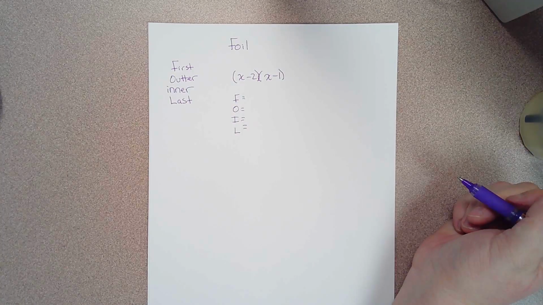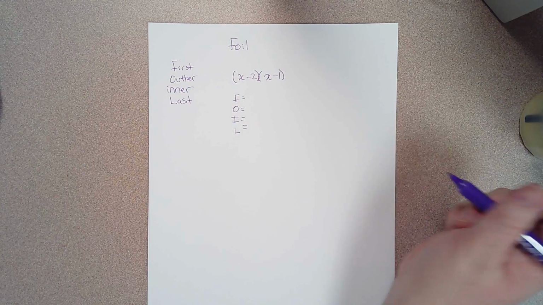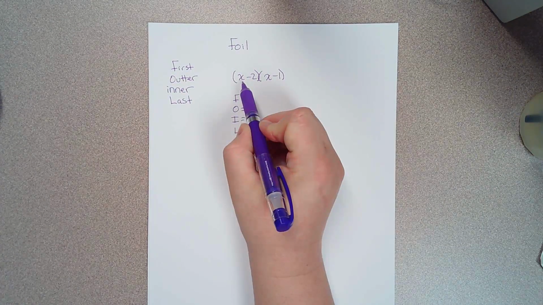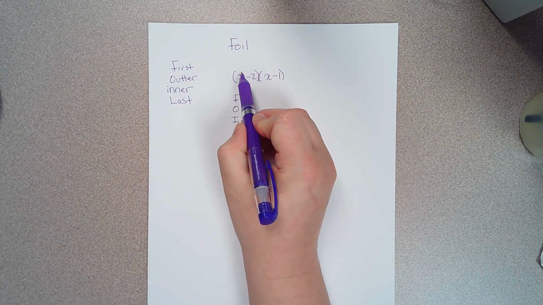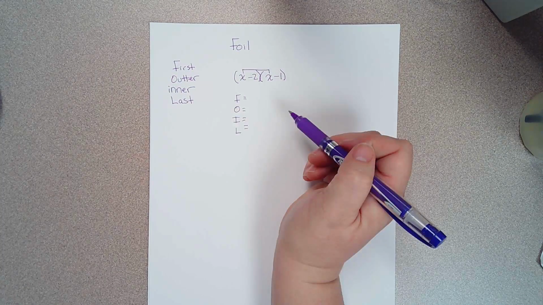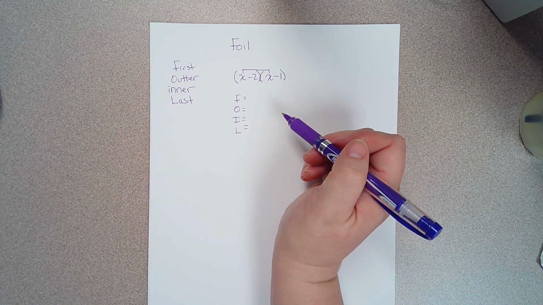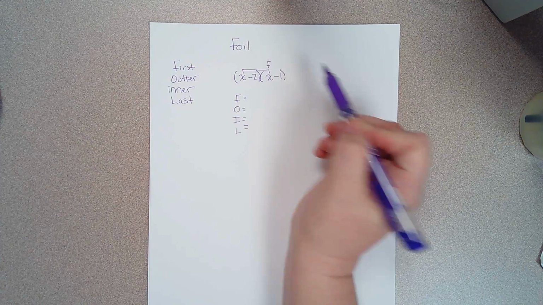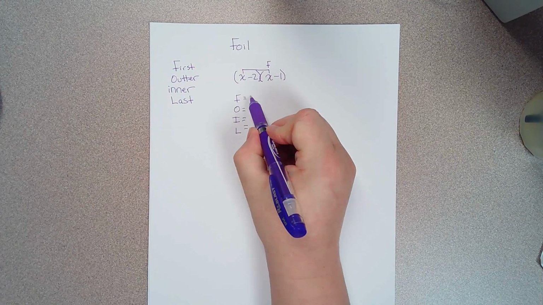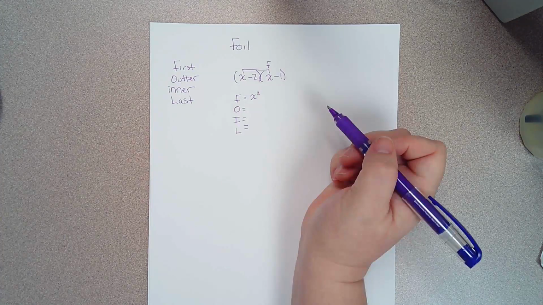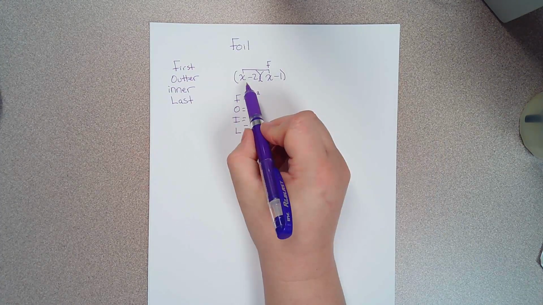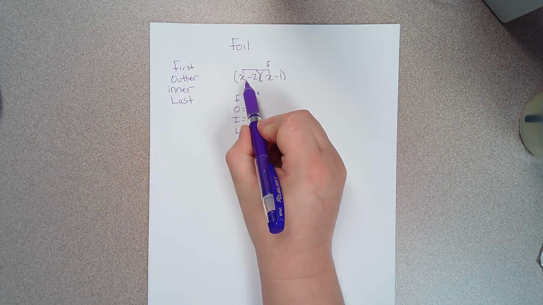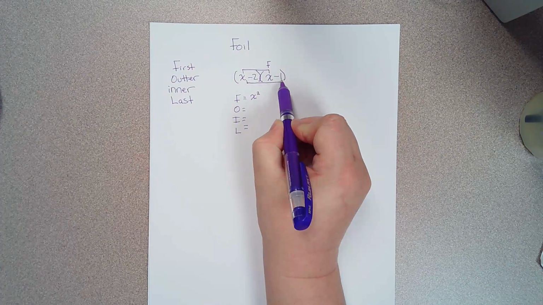So let's go through the steps. First means take, basically like distributive property, and multiply x times the x, because that is our first in each of the parentheses. So I will label it with an F. So x times x we know to be x squared. Outer means that I take the first number in the first parenthesis and multiply it times the last one or the back one.